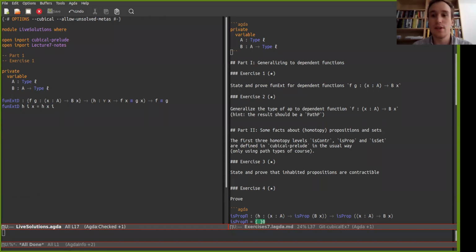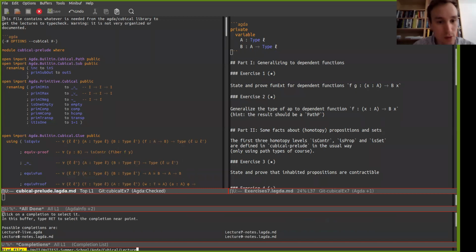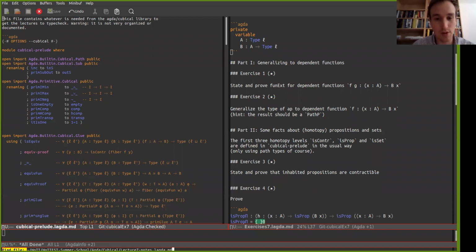I think that's kind of cool. Okay, and now function application for dependent functions. Let's try to find it. Prelude should be Control S for search. No. Okay, maybe it's in the notes.